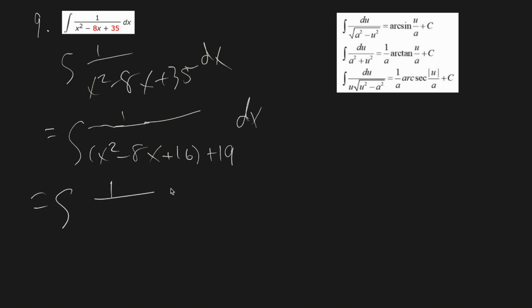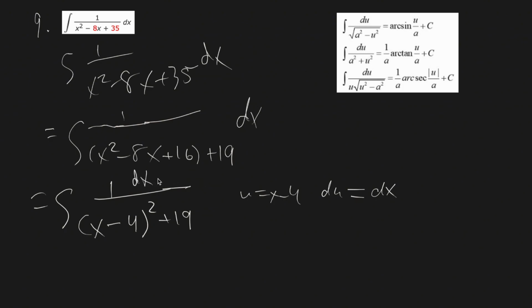We can now collapse this quadratic into x minus 4 squared plus 19. Now we can set u equal to x minus 4, so du is just dx, but we have a 19 here, and we're so close to fitting this to the arctan formula since we have u squared already, and du, which we can just put dx up here, but we need a squared.